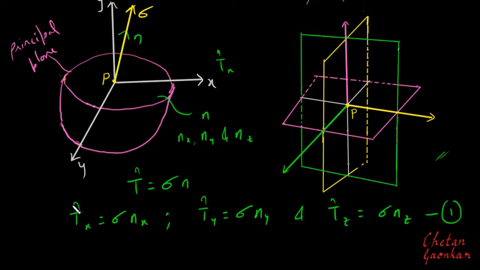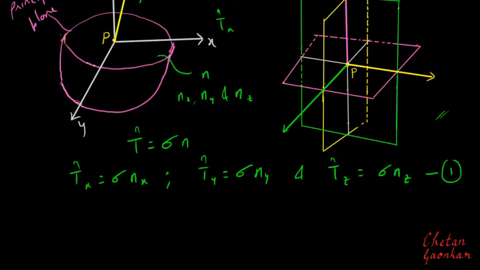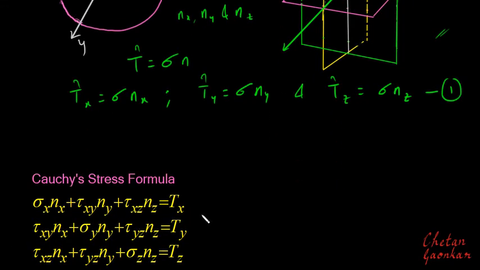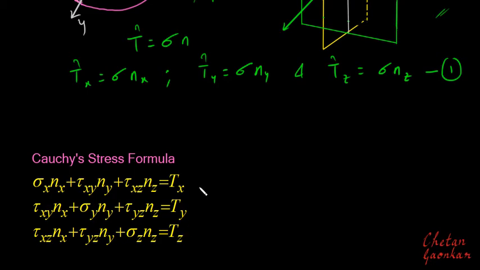Let me again remind you that this is applicable only for this special kind of planes which are called principal planes. But if we had to consider any arbitrary plane, then the stress vector on that plane can be given by our Cauchy stress formula, which we derived in our previous sessions.